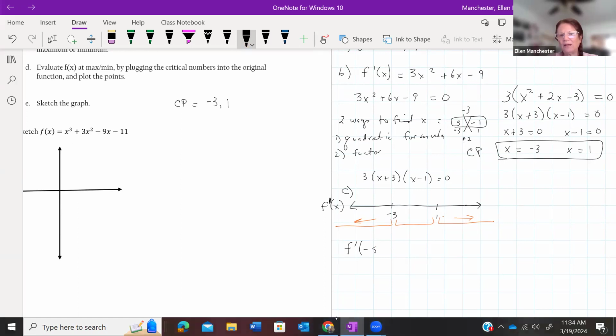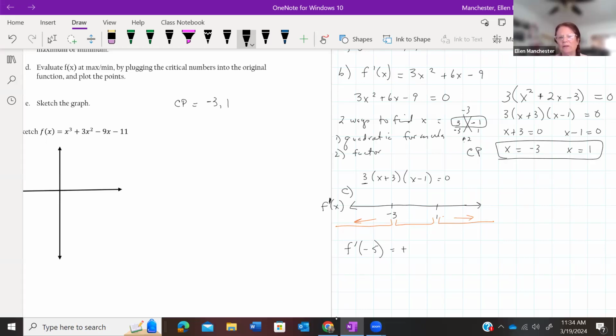So let's say I pick -5. I could pick -100, -10, -1,000,000. It does not matter, because in this whole interval, my slope is going to be either increasing or decreasing. So watch how I do this. My 3 is a positive. It's a whole number.